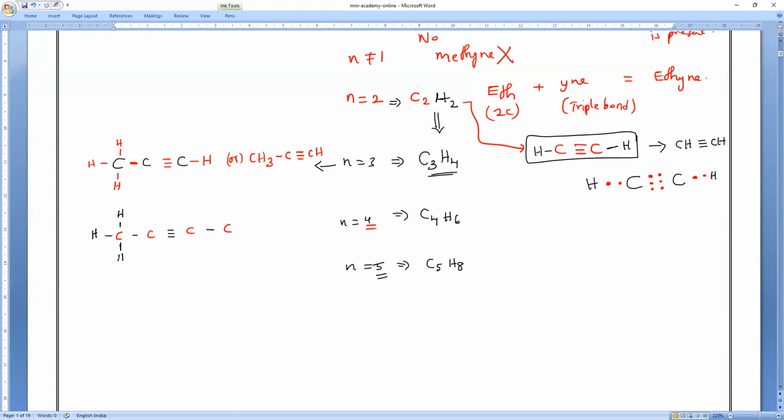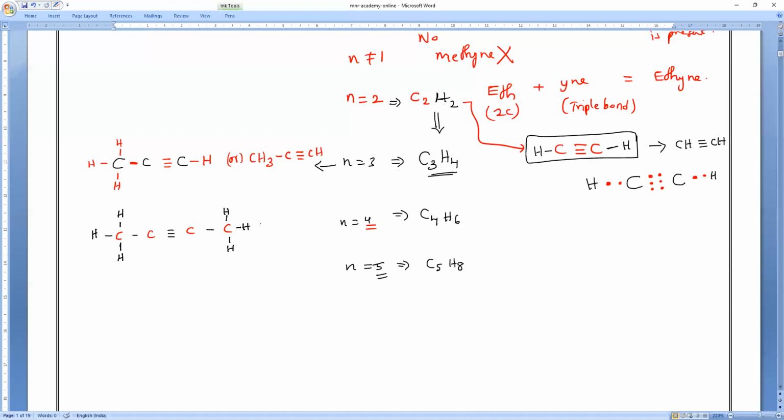Only 1 bond is over, then 3. Then the second carbon, 3 plus 1 already. How many bonds are over? 4 bonds are completed. No hydrogen. Third carbon also, 3 plus 1, 4 bonds are over, so no hydrogen. Last carbon, again, how many bonds? Only a single bond. So how many hydrogens will come? Everybody? 3 hydrogens will come.